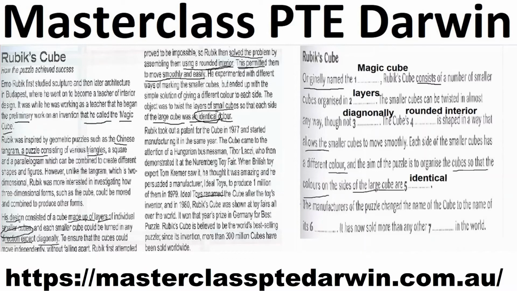The toys renamed. So renamed means changing the name. Yeah. To the toy's inventor. So here the inventor is its inventor. So name change means rename. So here we'll write inventor. Inventor.